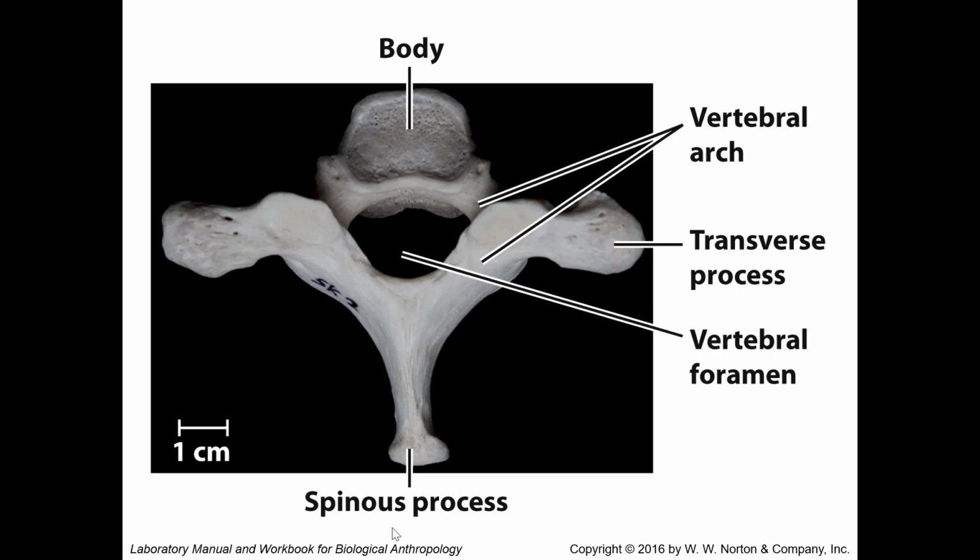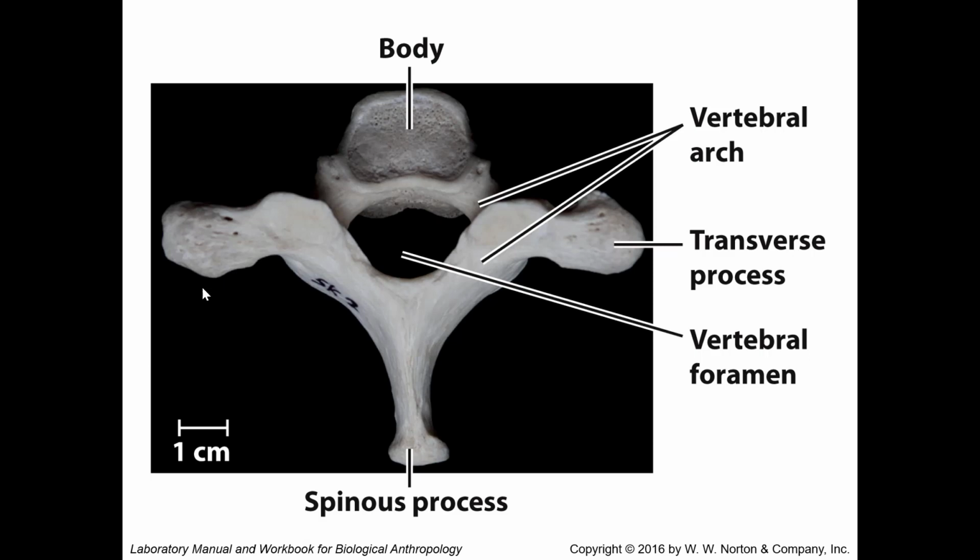The bumps that you feel are the spinous processes. They help with muscle attachments and or the articulations of other bones. The transverse processes might help with the articulation of other bones, and the spinous process is for muscle attachments, and so on.